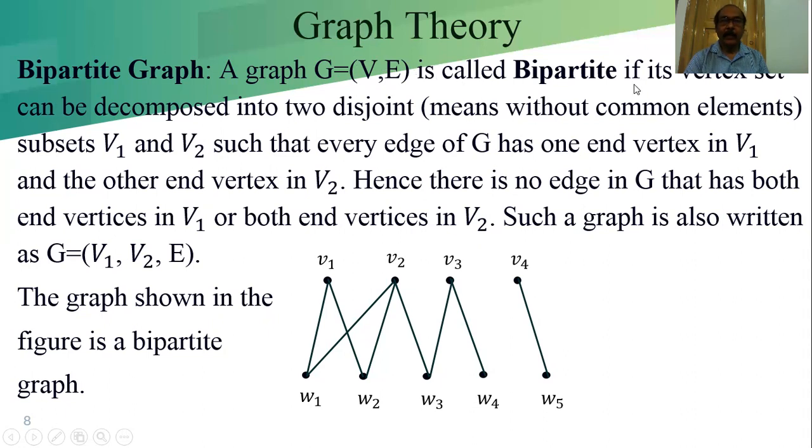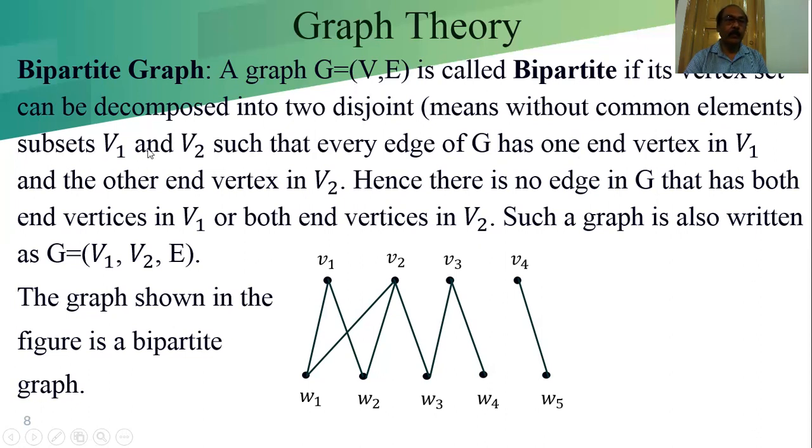It is called bipartite if its vertex set can be decomposed into two disjoint sets. Two disjoint means we are dividing the vertex set V into two vertex sets, suppose V1 and V2, without any common elements.